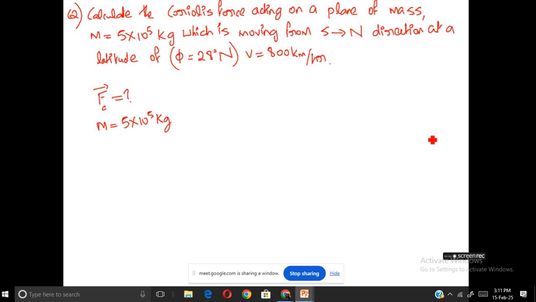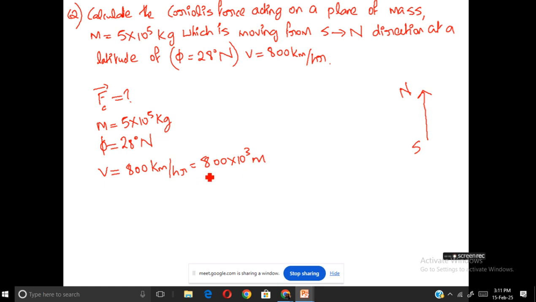And the plane is moving in the south to north direction, which is the positive y direction, at a latitude of 28 degrees north, and the velocity with which the plane is moving is 800 kilometer per hour, or 800 into 10 raised to 3 meter per 60 into 60 seconds.